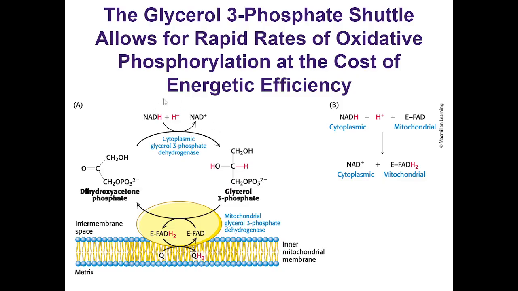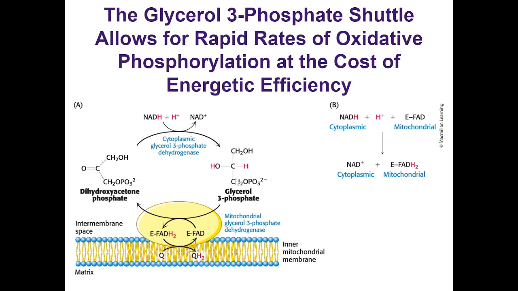It's going to do it by transferring its H and H plus to this cytoplasmic glycerol 3-phosphate dehydrogenase, which transfers those to the dihydroxyacetone phosphate. This will give you the NAD plus that's regenerated back in your cytoplasm.